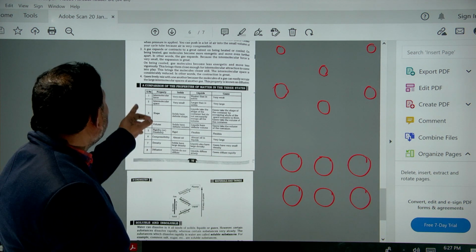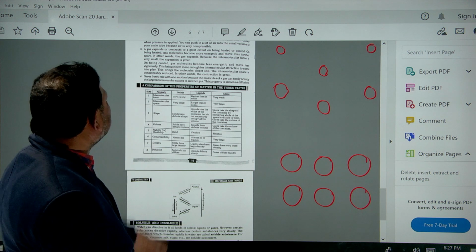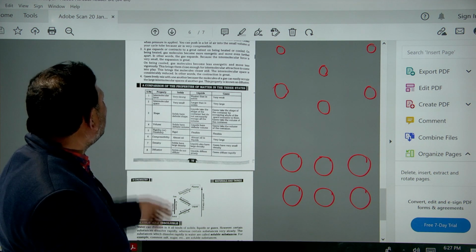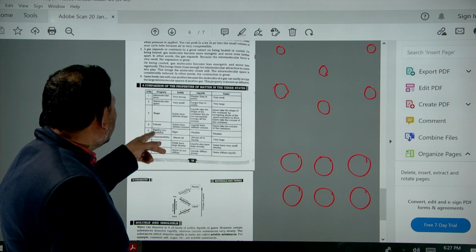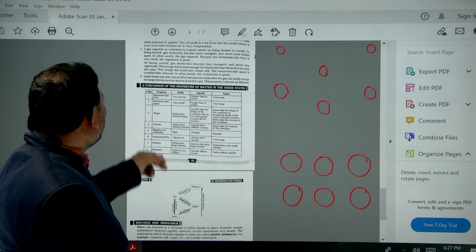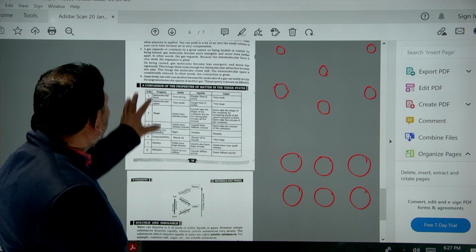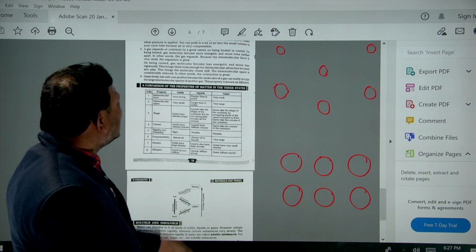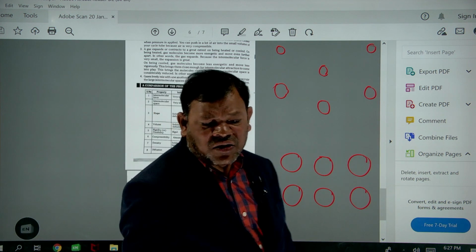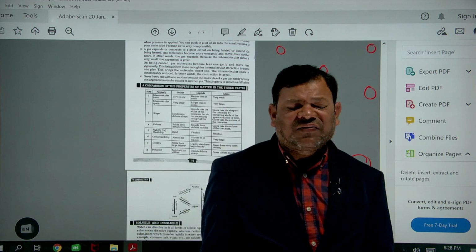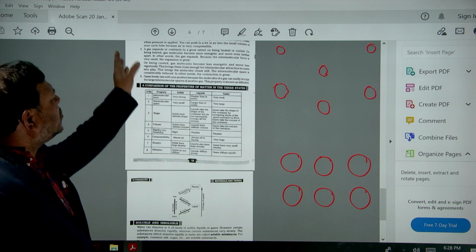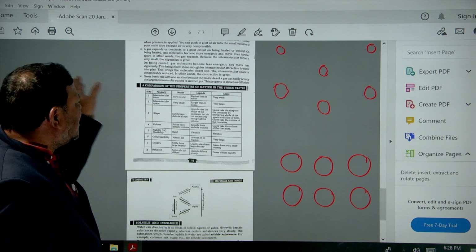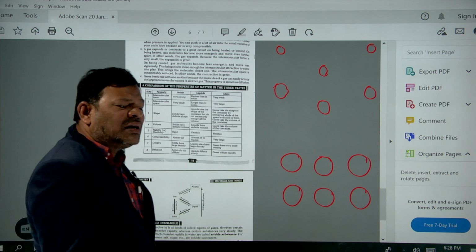So these are the characteristic features: intermolecular force, intermolecular space, shape, volume, rigidity or flexibility, compressibility, density, and diffusion. What are the characteristic features of solids, liquids, and gases? If you study this table, you can learn all the characteristics at a time very easily.